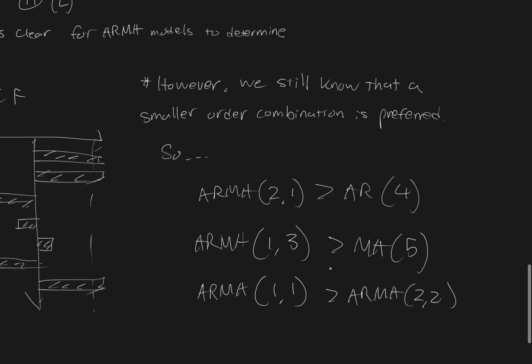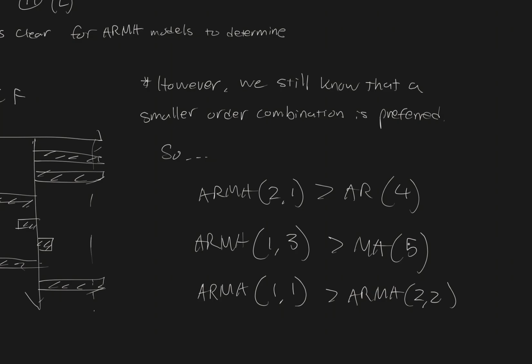And just know that simpler models that use a lower lag order are preferred. So in this case, an ARMA 2,1 is preferred over an autoregressive 4 because we're using 2 lags in the AR and 1 lag of MA as opposed to 4 lags of AR. So add these up and see if it's less.